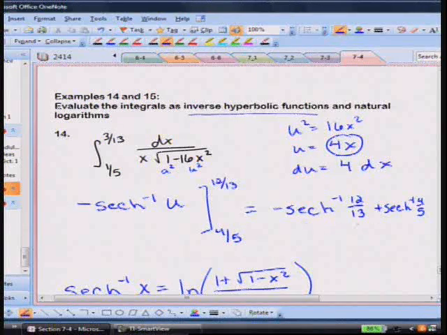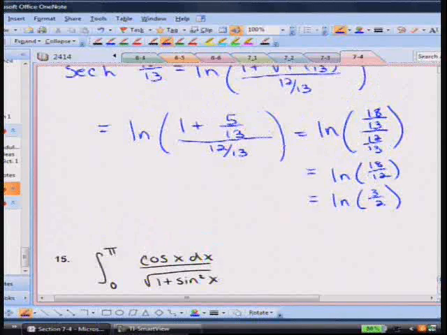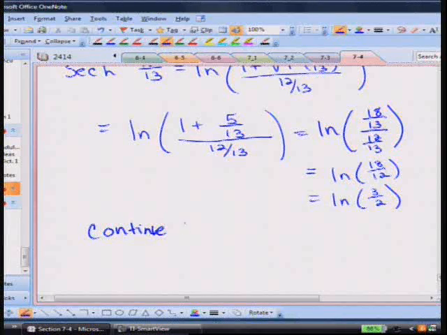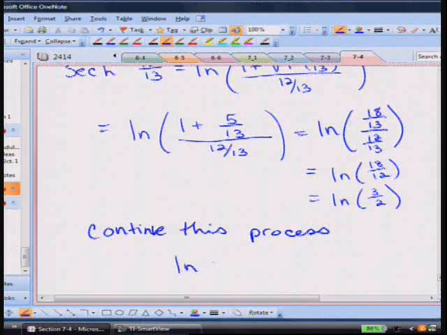Anyway, this one's going to be negative, and just continue this process to determine that it turns out to be the ln of 2, if you did the inverse secant of 4/5, minus the ln of 3/2, which when you have the difference, you can write as the quotient.